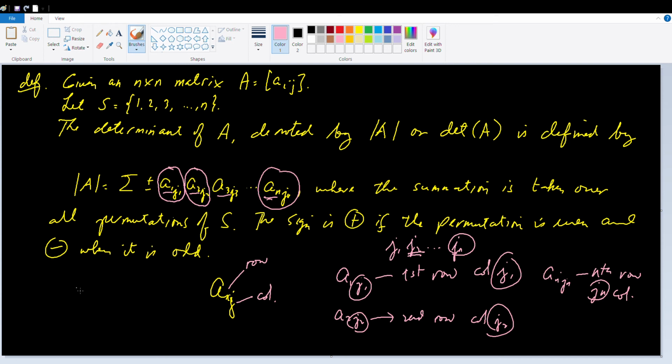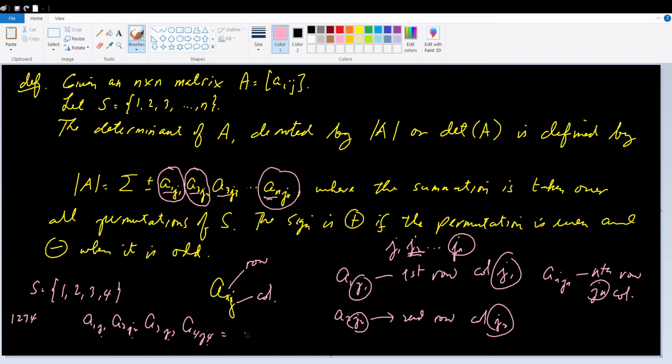So, if the matrix given is a 4 by 4, so S is 1, 2, 3, and 4, one of the addends is A1J1, A2J2, A3J3, and A4J4. If the first permutation that we are going to use is the permutation 1, 2, 3, 4, we will simply replace J1, J2, J3, and J4 by 1, 2, 3, and 4.